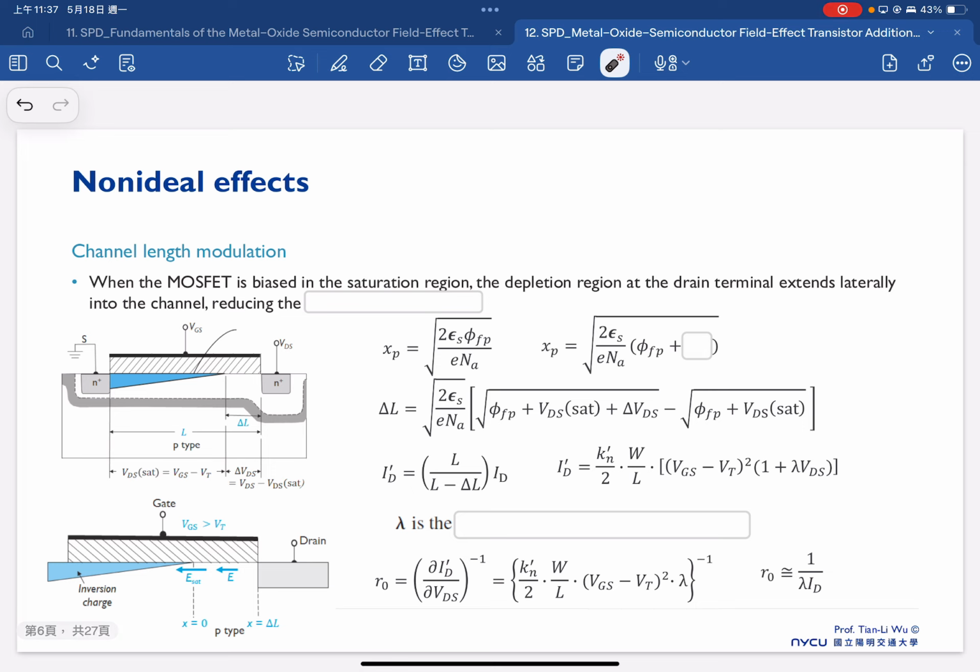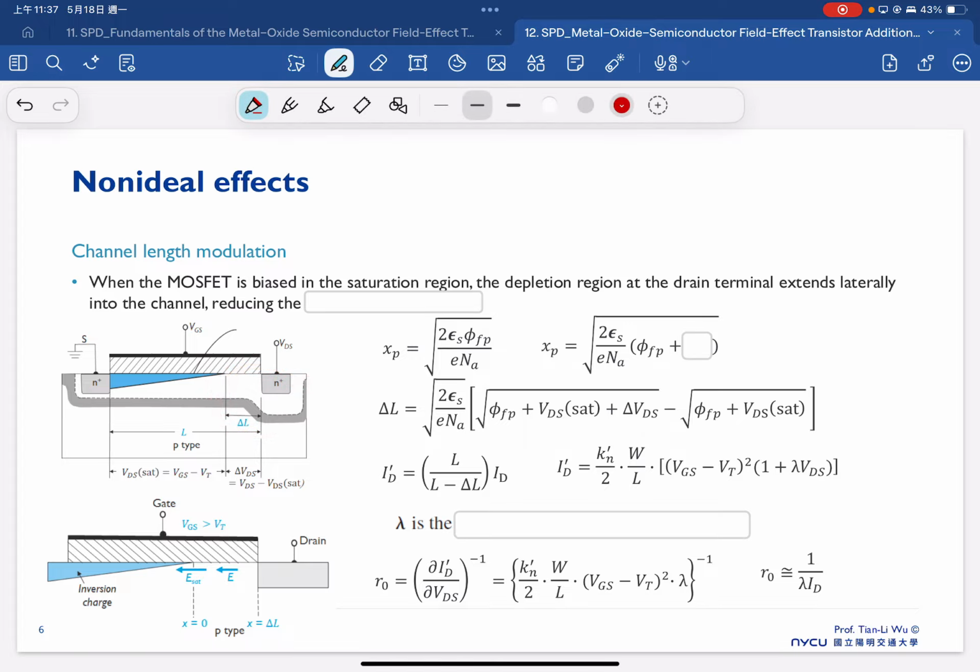So another very critical non-ideal effect is the channel length modulation. When the MOSFET is biased in the saturation region, we now know that the depletion region at the drain terminal extends laterally into the channel region. So you will have a larger depletion width here.